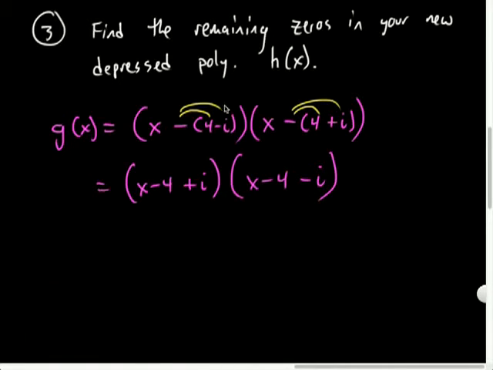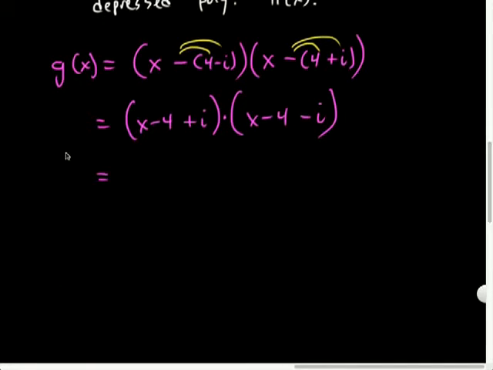To figure out what g of x looks like, I can't just FOIL it because it's a trinomial times a trinomial. I'm going to have to triple distribute this in order to figure out what g of x originally looks like. There are going to be 9 terms coming at you. Here we go. Follow along.